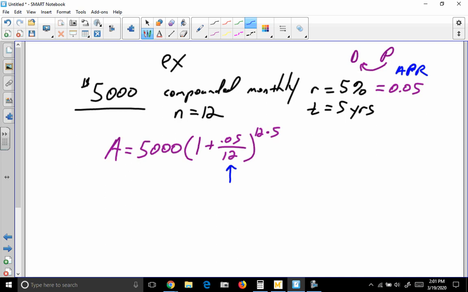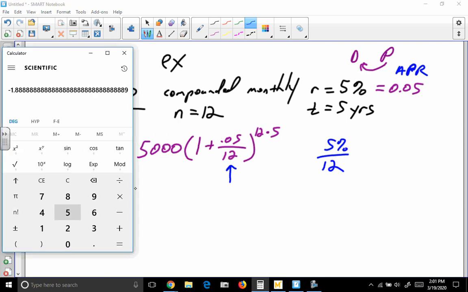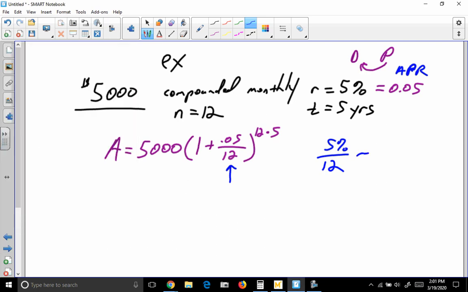So 5% divided by 12 months, about 0.417%, which then would be changed to a decimal. So that's what this is. It's not charging us the full 5% each month. It's just charging us a portion of that 5% per month.